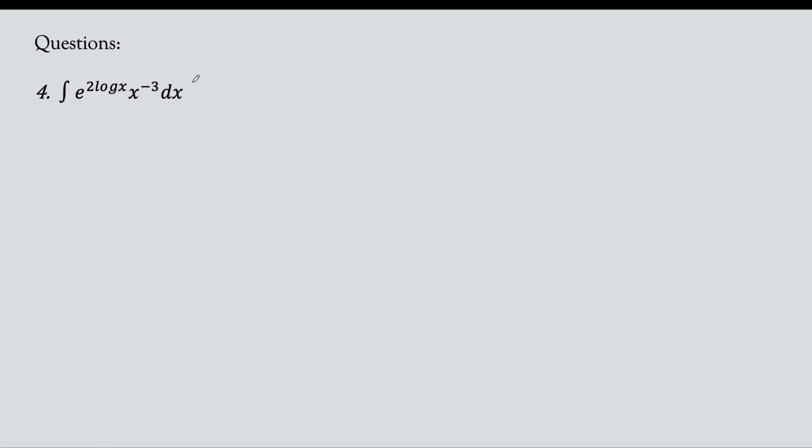Okay, now let's take this. Many of you must be thinking it's looking very horrible, but don't worry, it is very simple. Okay, let's try to understand it. Integral of e to the power 2 log x times x to the power minus 3. Just leave x to the power minus 3 and dx as it is. Just try to simplify this. If you remember one of the properties of log, if you have n log x, that would be log x to the power n.